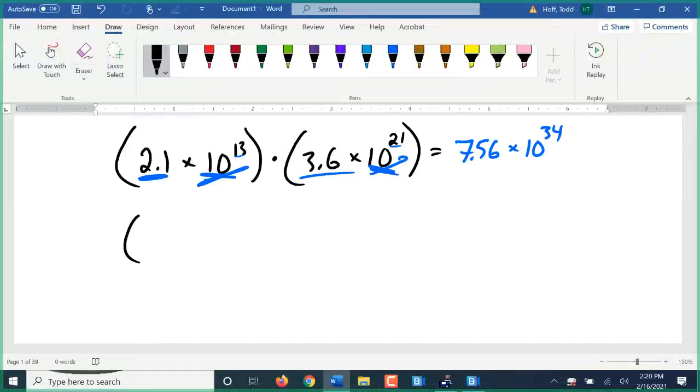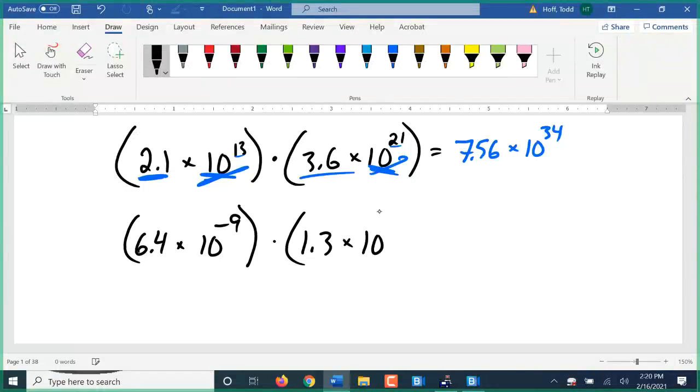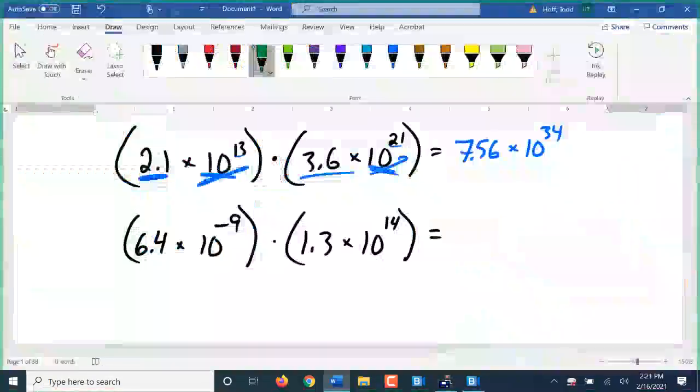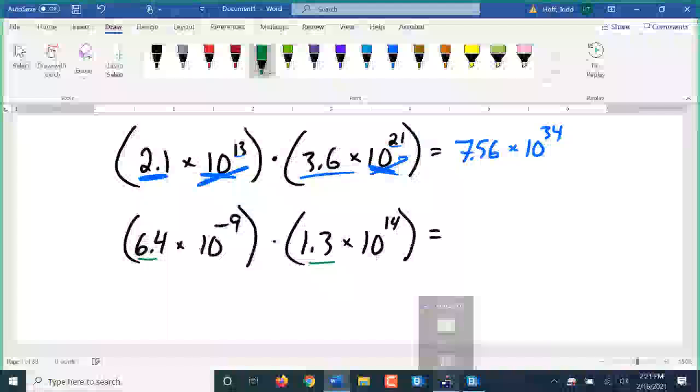Be careful when we throw in negative powers again. We might have something like 6.4 times 10 to the negative 9th times 1.3 times 10 to the 14th. We still combine counts. We'll still do 6.4 times 1.3.